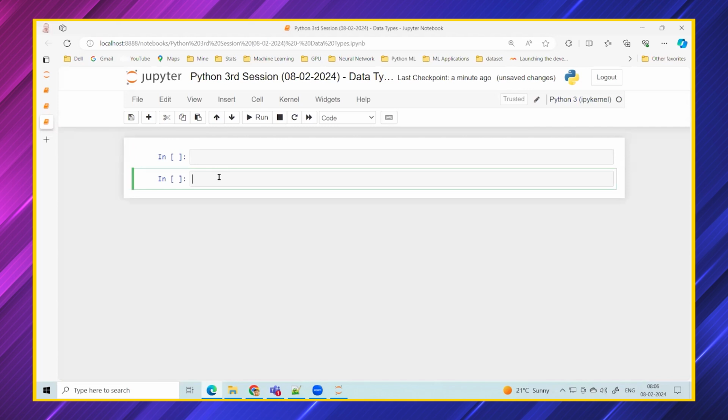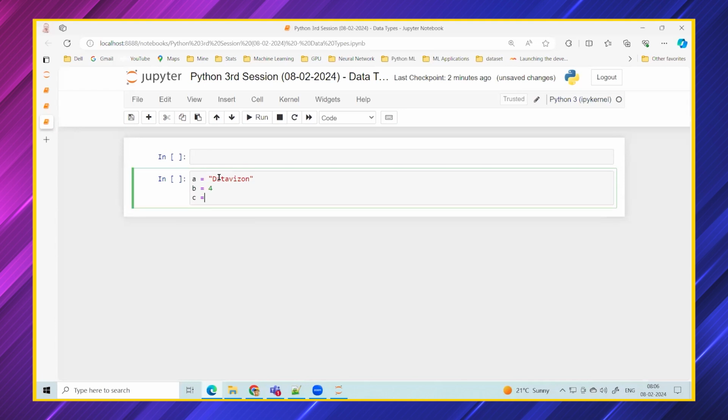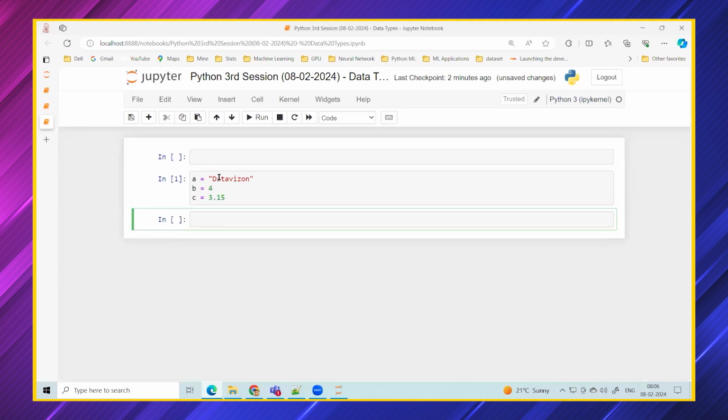For example, I will go and assign A equal to data vision, and let's say I'll assign B equal to 4, and C I'll assign 3.15. So I've assigned values for 3 variables. In reality, I will not use ABC, but I'll make sure that I use a proper naming convention, and I'll create 3 variables like this, right?